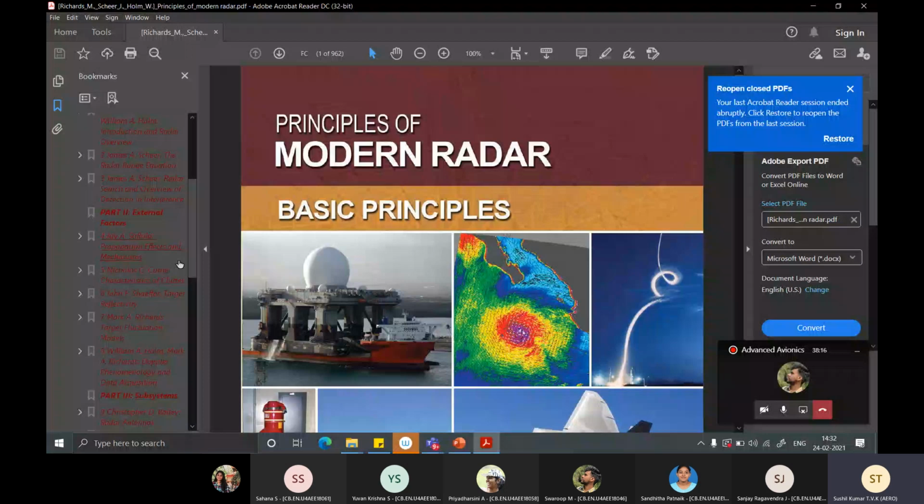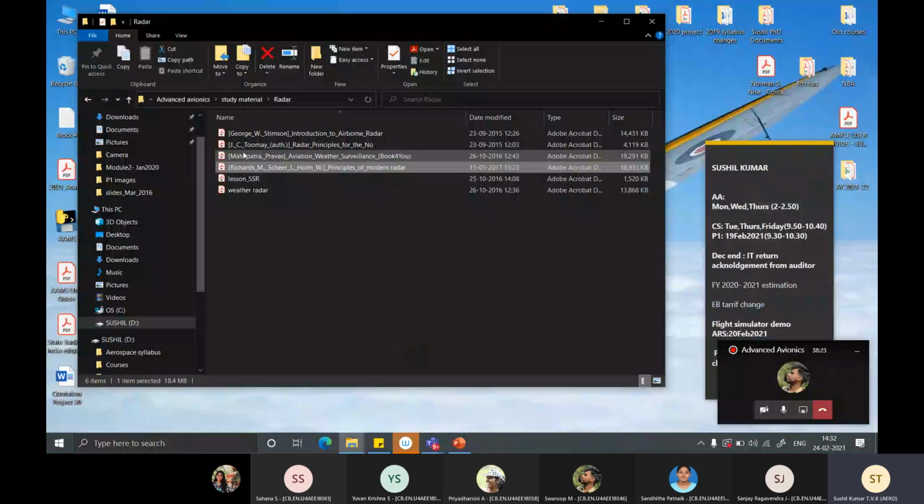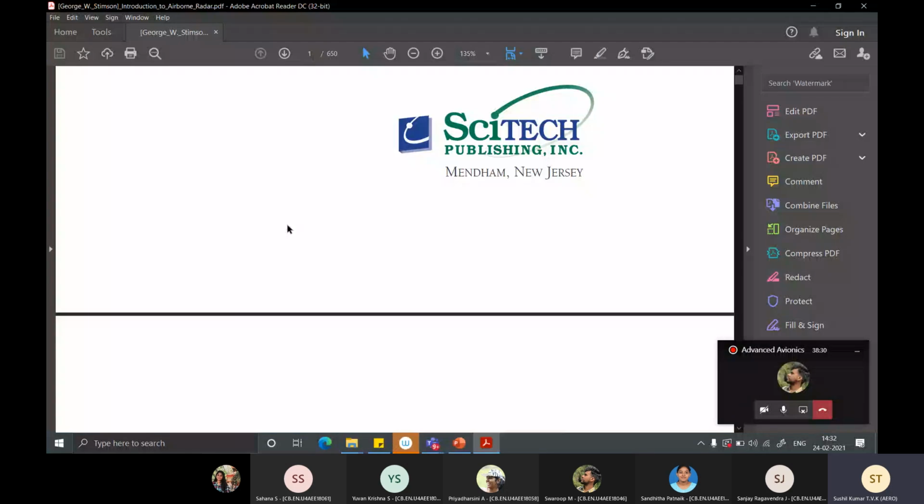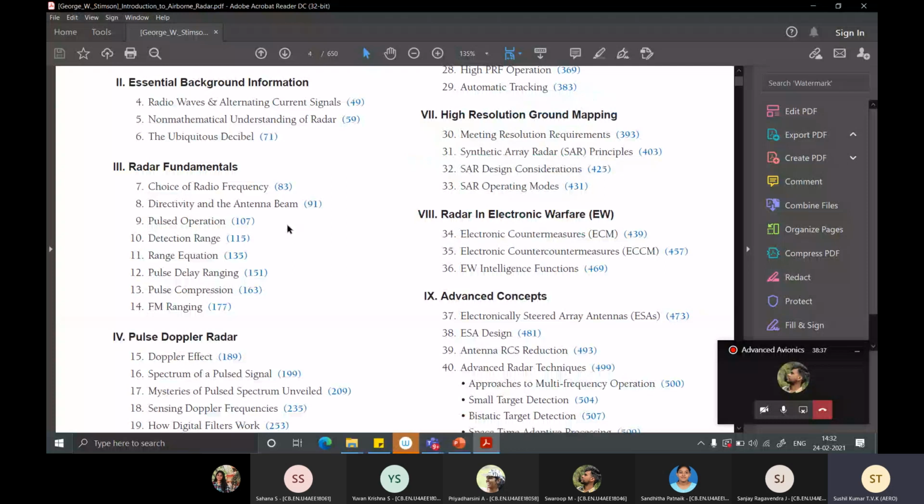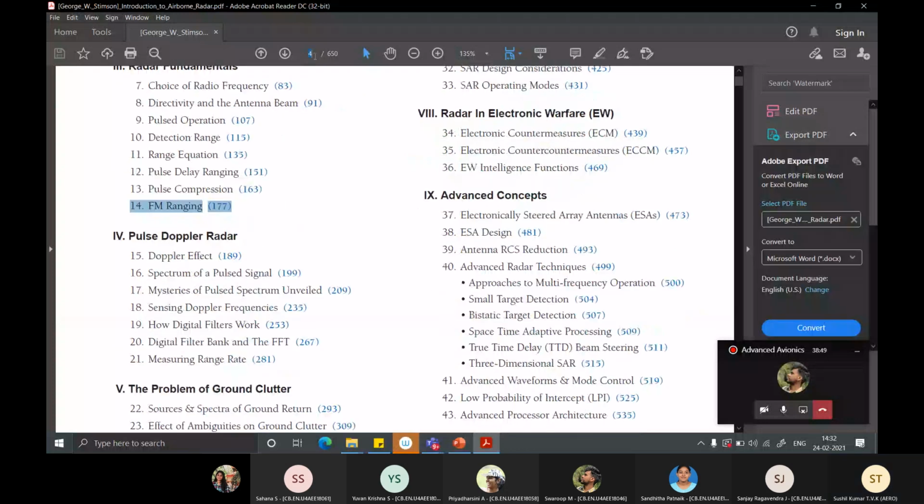And the other book is Introduction to Airborne Radar. This is also a nice book, in fact better than the previous one. In this, FM ranging and all is given very well. He gives you the basic principle of how it works.